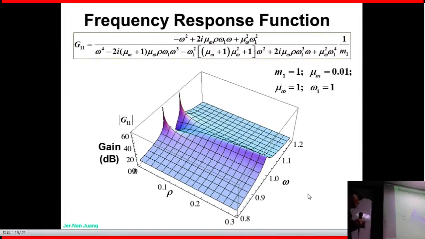Now this is a chart I wanted you to see. Three-dimensional chart. This is my excitation frequencies. All right. And I assume M1 equal to 1. Mu M is equal to 0.01. That means my tuned mass is only 1% of your system mass.